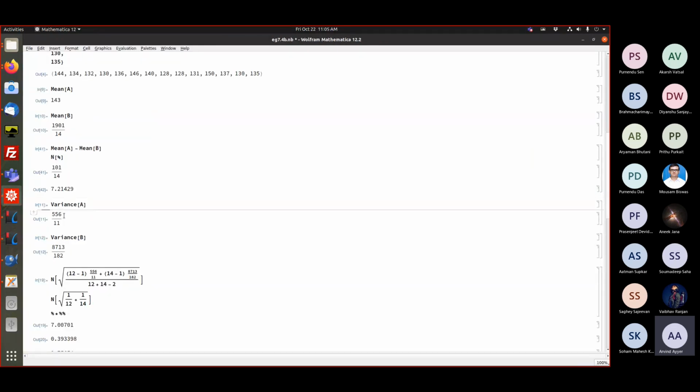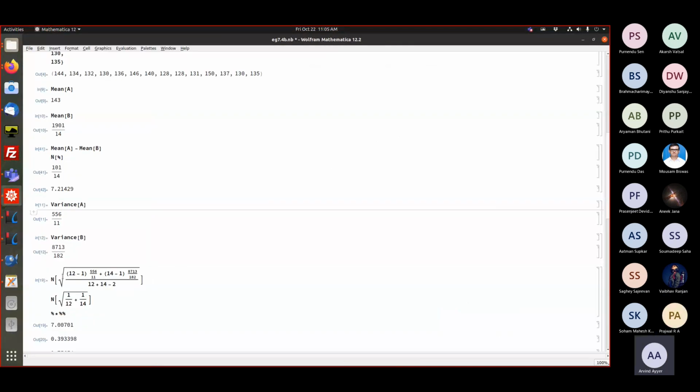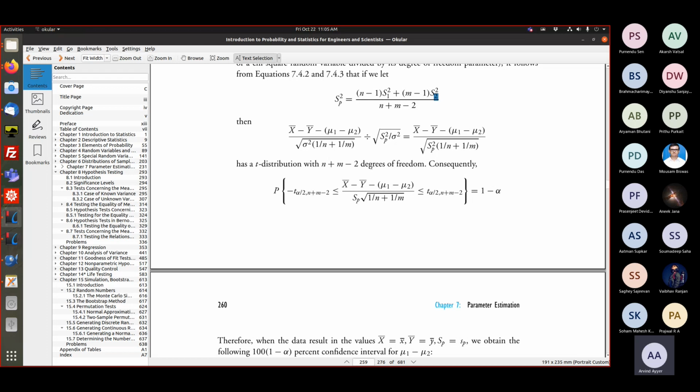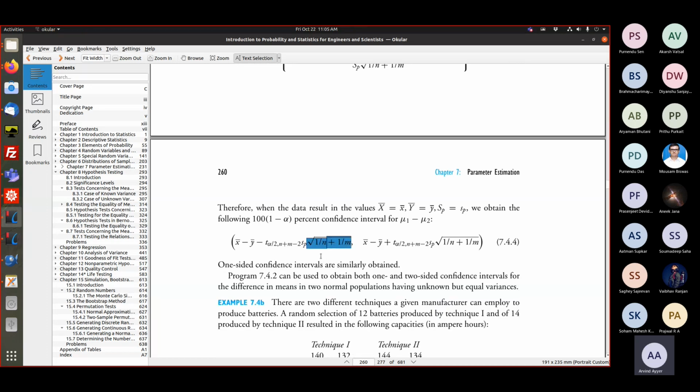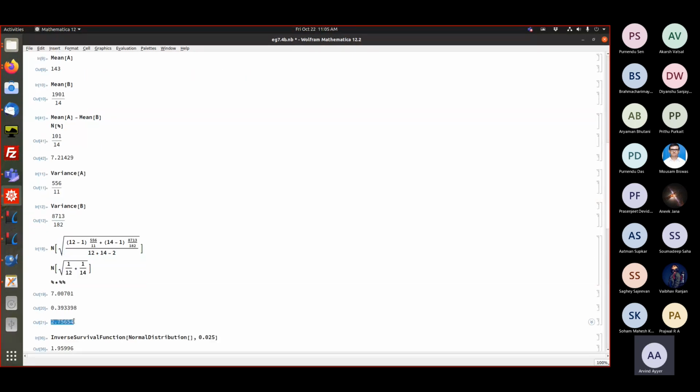Those I have calculated here, 556 by 11 and 8713 by 92, and I plug them in. So I get 12 minus 1 times the first variance plus 14 minus 1 times the second variance, divided by n plus m minus 2, and that's the pooled variance. I need the pooled standard deviation, so I take the square root of that. That's this quantity, and it turns out to be very close to 7. And from the formula, I also need the square root of 1 by n plus 1 by m. That's what this quantity is, and I multiply the two, and I get 2.75.